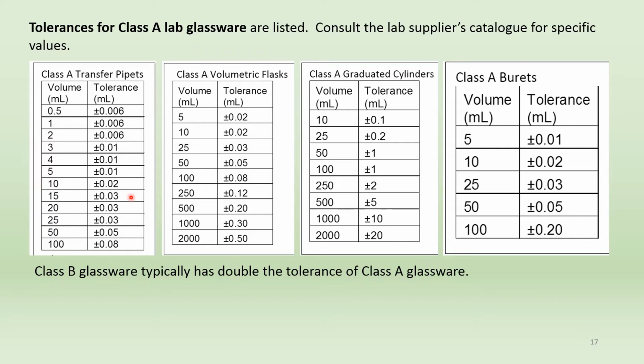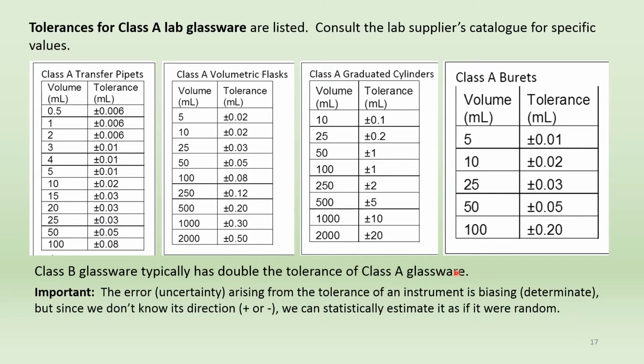Now this information can be taken from laboratory suppliers' catalogs. It can be taken from analytical chemistry textbooks. You can get it from the internet. The point is that manufacturers will strive to produce their products consistent with these standards, and therefore we can use these with confidence. Just to note that Class B glassware typically has double the tolerance of Class A glassware.